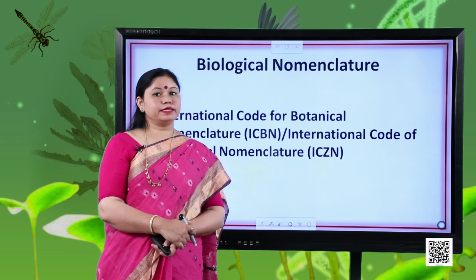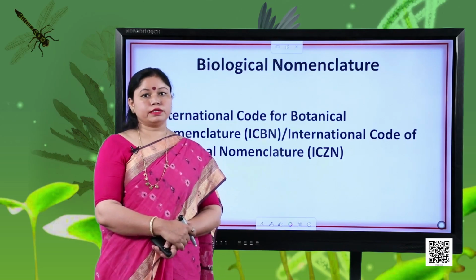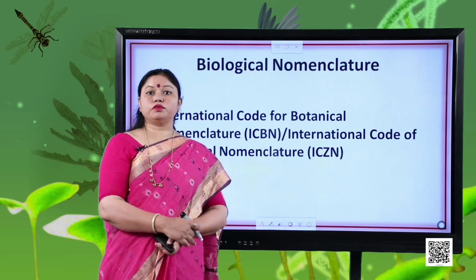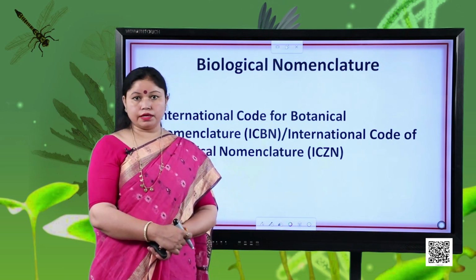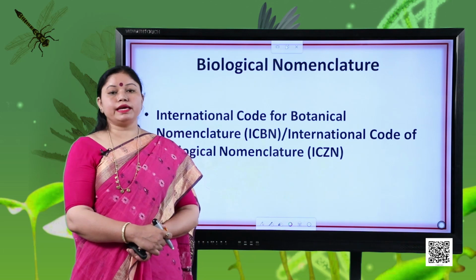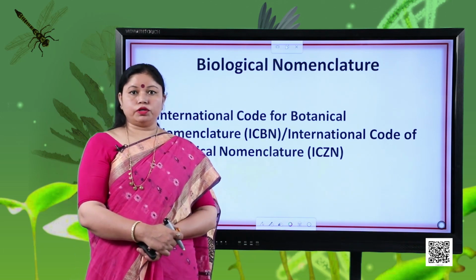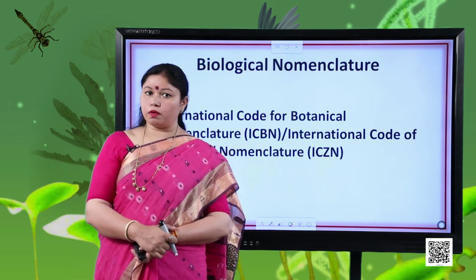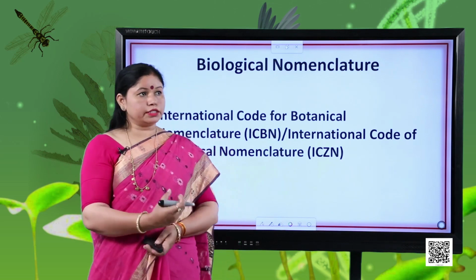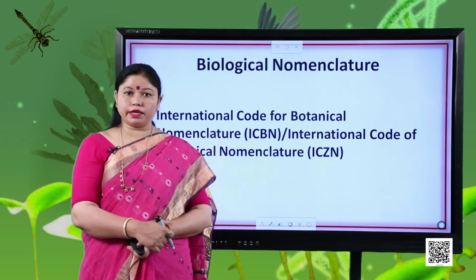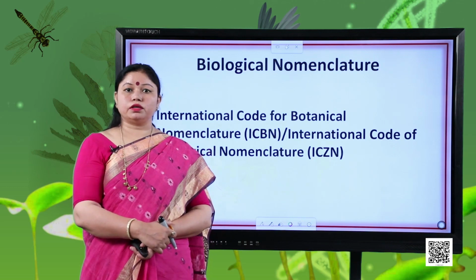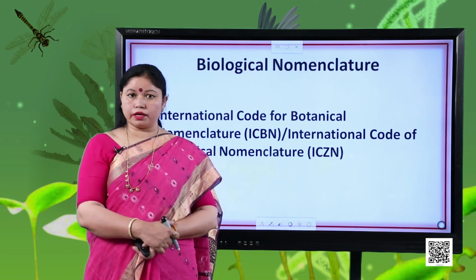So there is a need to devise some mechanism to provide names that are universally accepted. A name should be given to an organism so that when the description is given about that organism, everybody should understand which organism we are talking about.